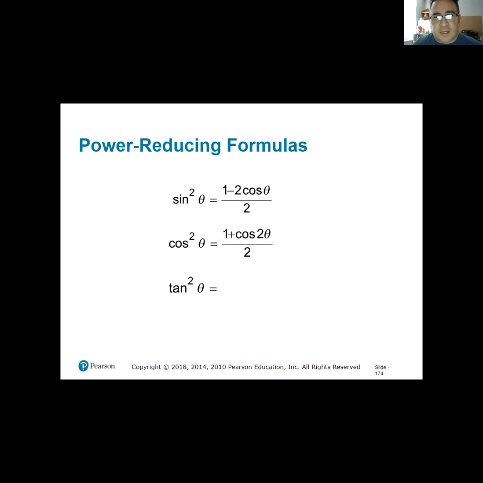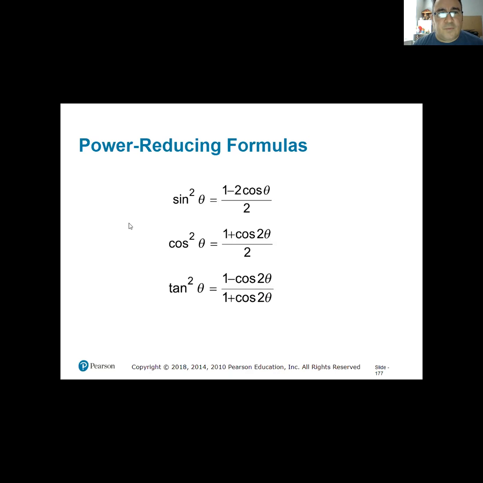There you go, right? Because the 2's cancel out. Remember, tangent is sine over cosine, right? So those 2's in the denominators are going to cancel each other out. Write those down. We good?